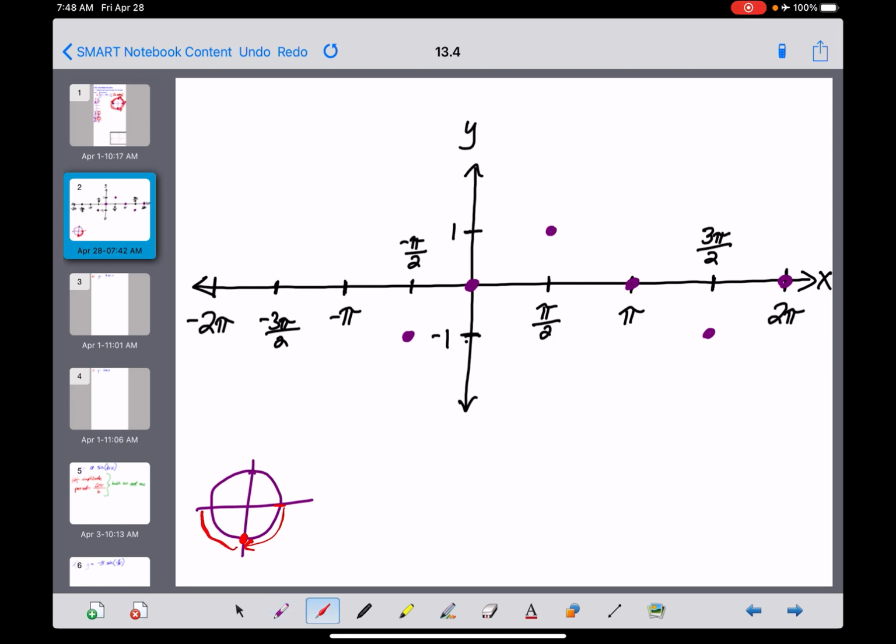If I kept going here to negative pi, sine is my y value here, which is 0 again. All right, negative 3 pi over 2 gets me up here. Sine is my y value there, which is 1. And then back to negative 2 pi, that's right back where we started. We're back to 0. So boy, take a look. I think we've got 9 purple dots on this graph. We're starting to get the sense for what this thing looks like, everybody.